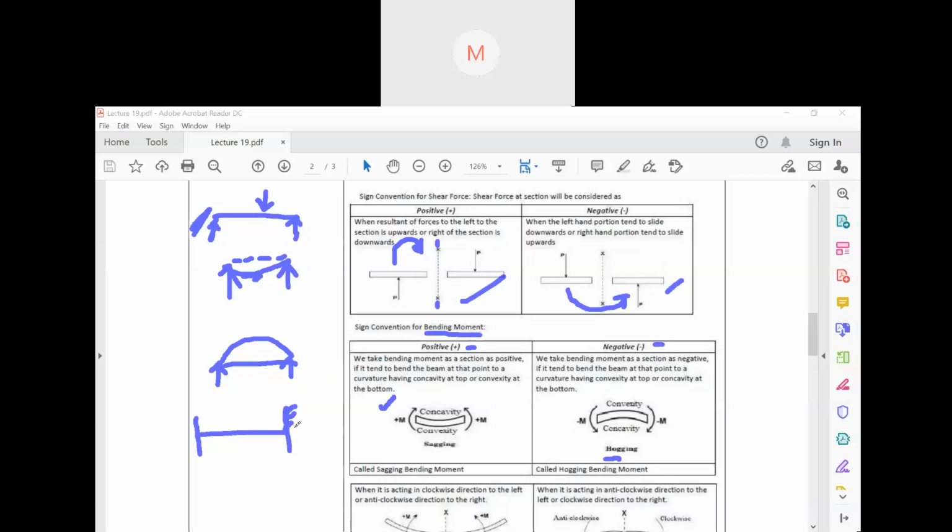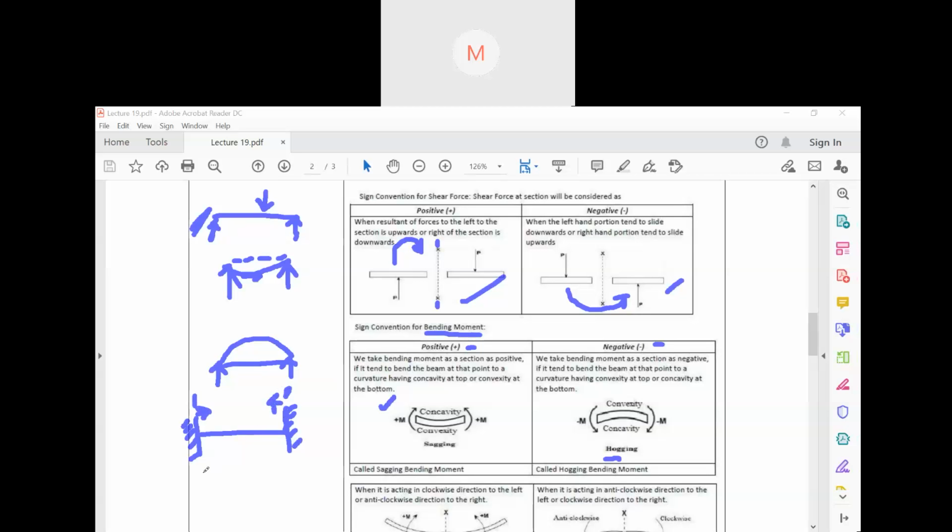So in a fixed beam, suppose there may be certain earthquakes because of which this portion, because of this earthquake or some disturbances, if this one comes like this and this one comes like this, that means they are coming closer.